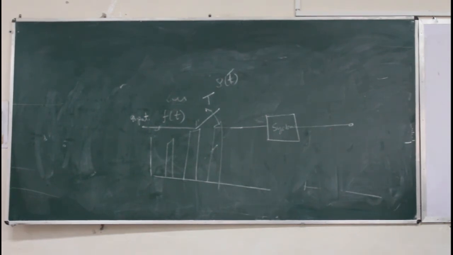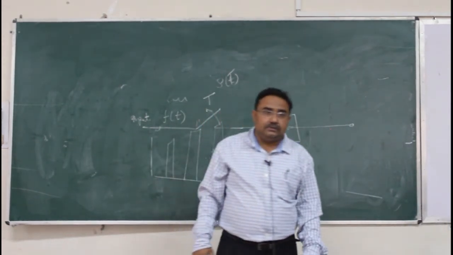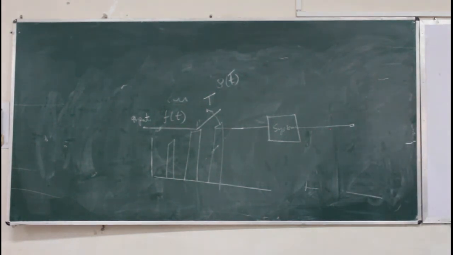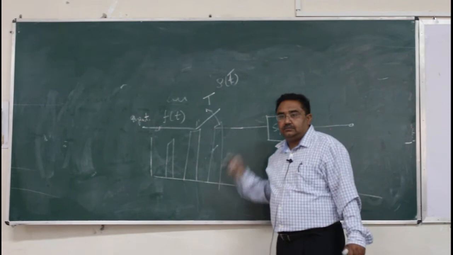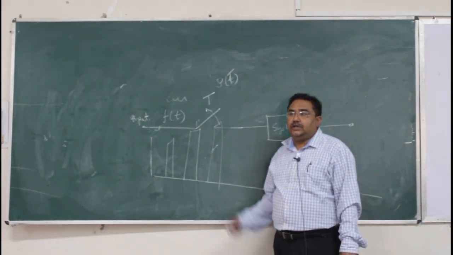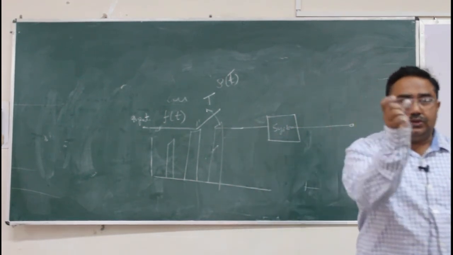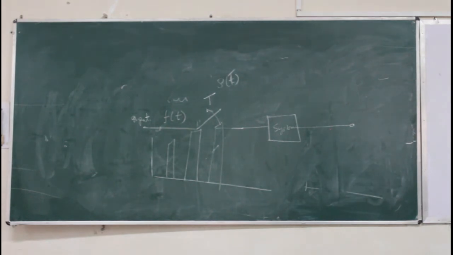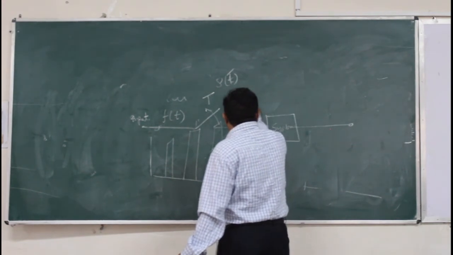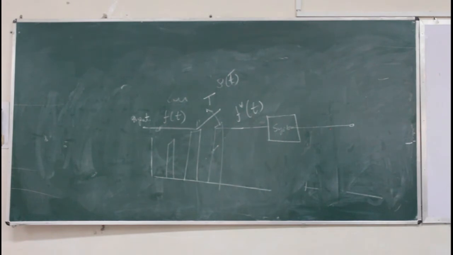Now one more important thing. What is this here? f(t). This is f(t). What is here? Now it will be a new term, a new function which is known as a starred signal, and it is represented like this, f star(t).